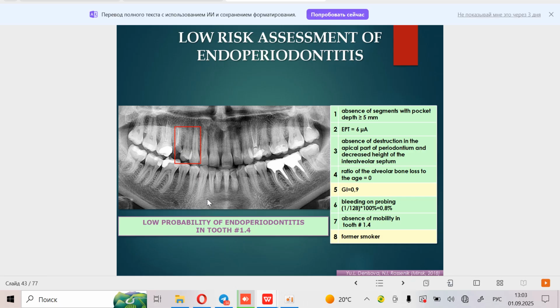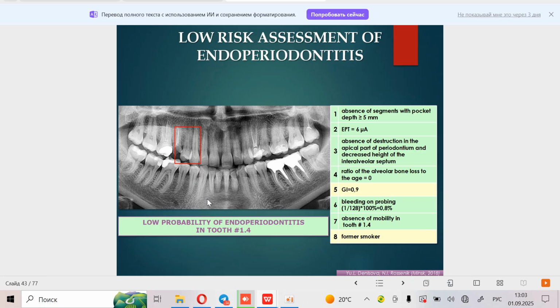You can see a low risk assessment of development of endoperiodontitis of tooth 1.4. And you can see that the color is green, which means that the risk assessment is low.